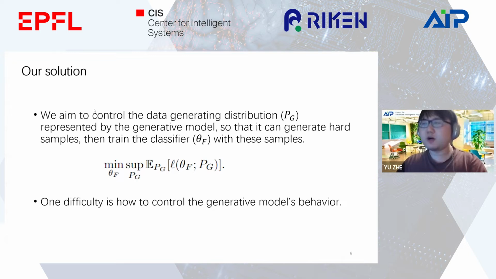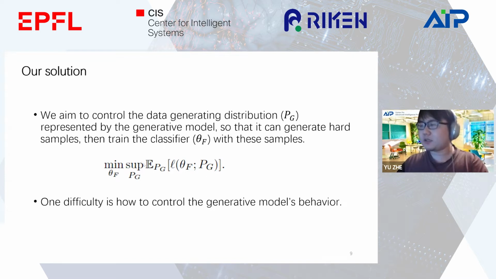Overall, we aim to control the data generating distribution represented by our generative model, so that it can generate hard samples. Then we want to train the classifier θF with these samples. The overall objective is shown in the following.